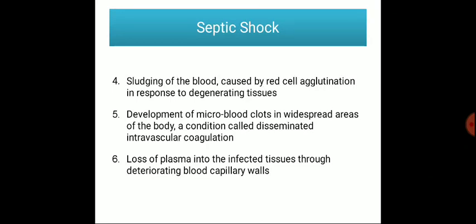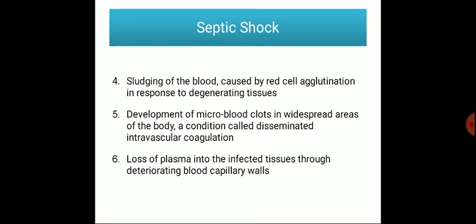Sludging of the blood is caused by red cell agglutination in response to degenerating tissues. Microblood clots develop in widespread areas of the body, a condition called DIC, or disseminated intravascular coagulation.